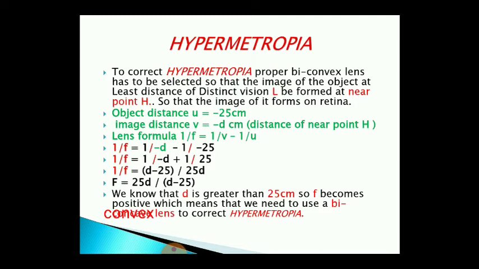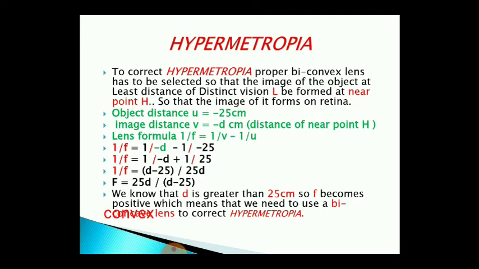The image of the object at the least distance of distinct vision L should be formed at near point H, so that the image of it forms on the retina and we can see it. Object is at minus 25 centimeters, that is the least distance of distinct vision, and we have to form the image of that object at the near point.